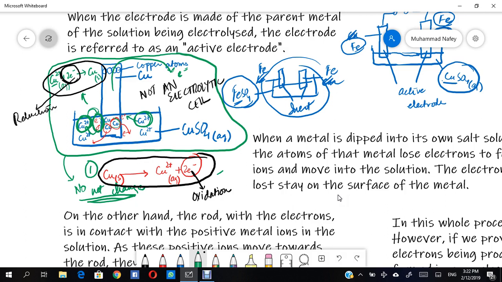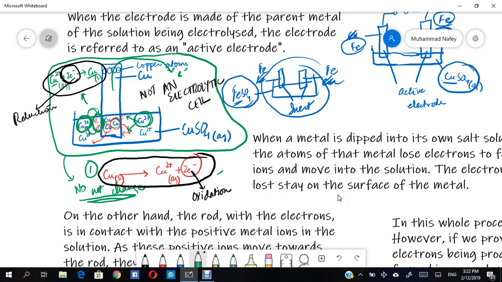These copper ions move towards the rod and combine with the electrons which were produced by the atoms in the copper rod forming ions. And as these ions gain these electrons, they form the metal itself, and hence there is no net change.